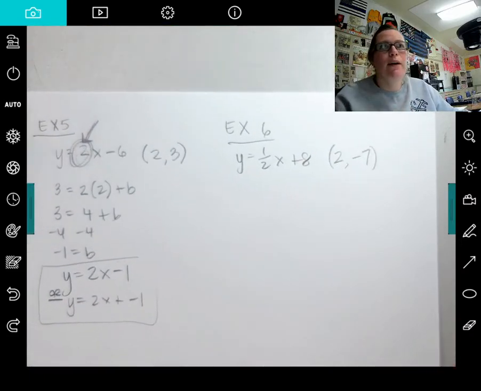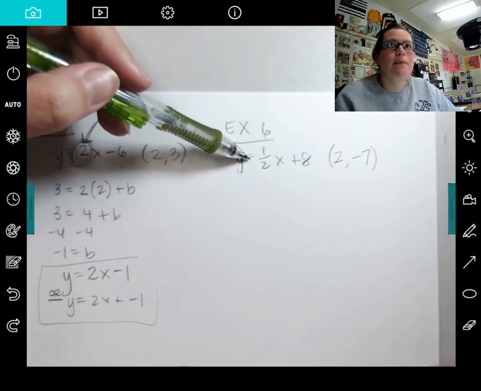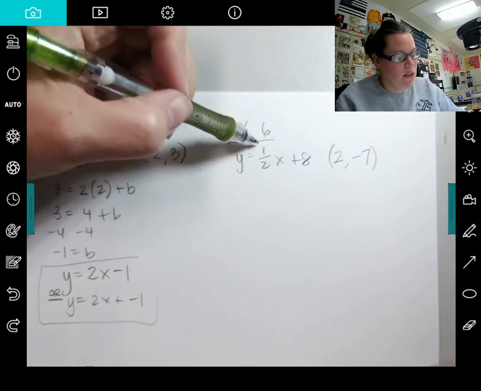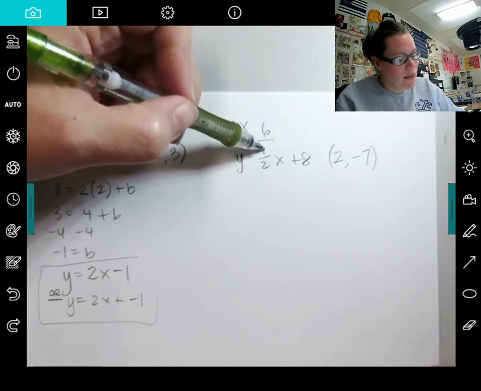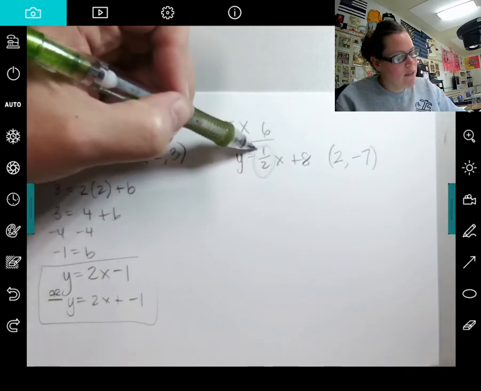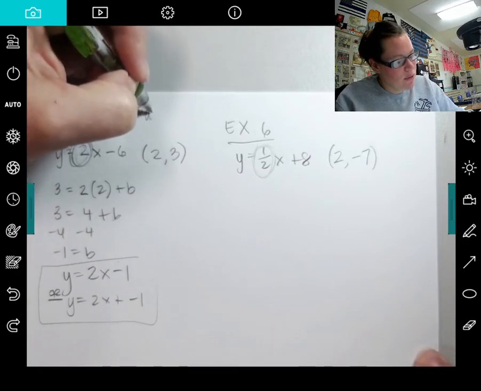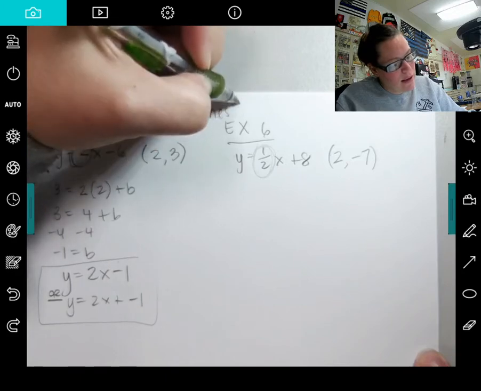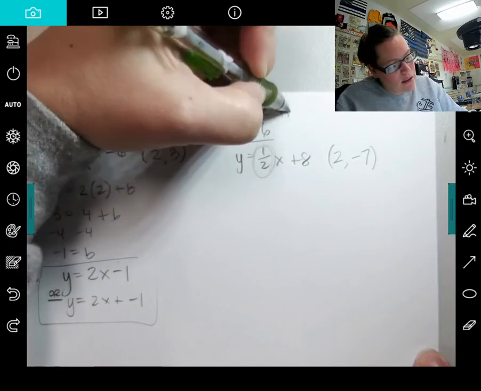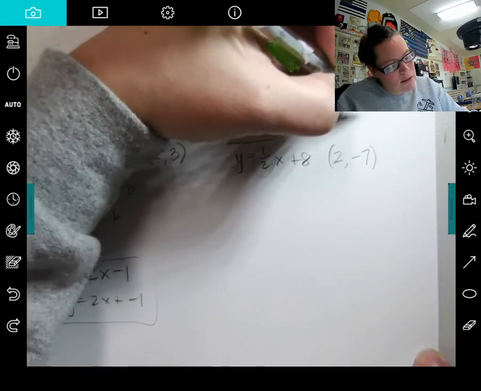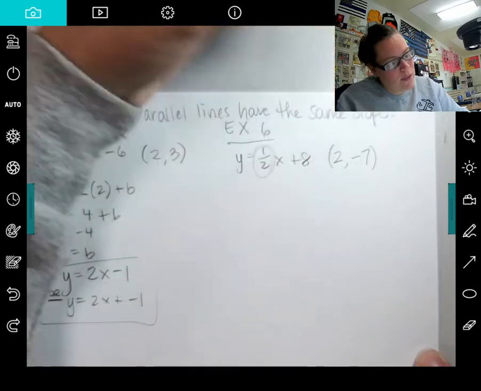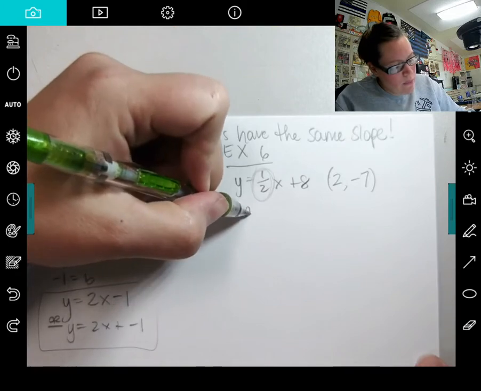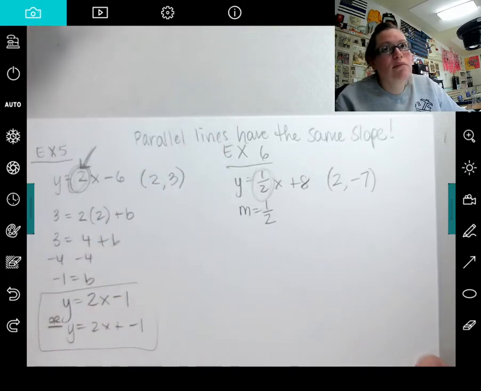So we want to be parallel to y equals 1/2 x plus 8, and we want to pass through the point 2, -7. So again, parallel lines have the same slope. I'm going to write that down even. Parallel lines have the same slope. The slopes are equal. So we know our m value is 1/2.